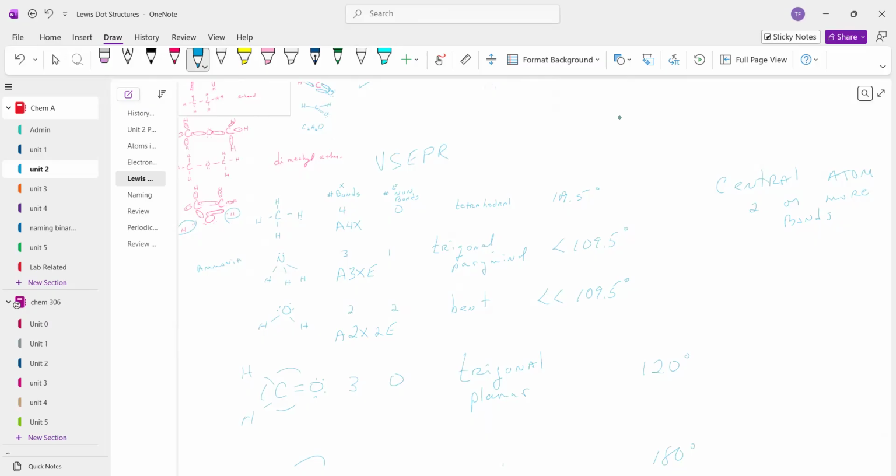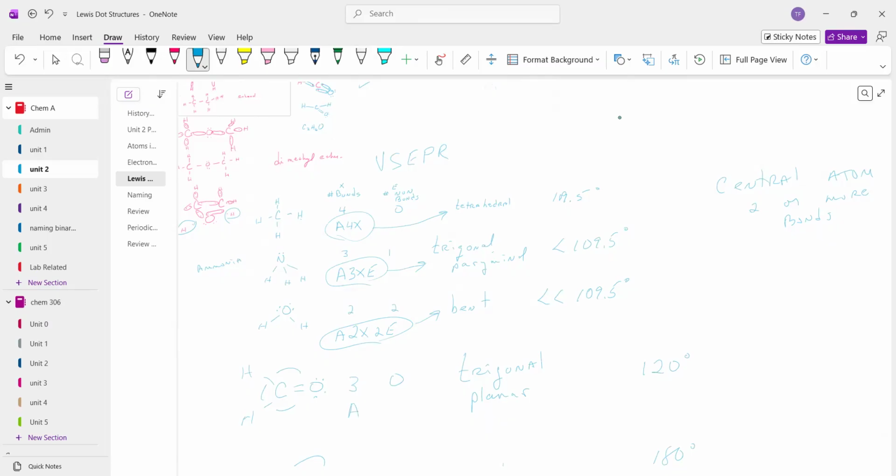It's just a combination of no non-bonding, 1 non-bonding, 2 non-bonding. So whenever we see this, it goes directly to that. Now A is the central atom.